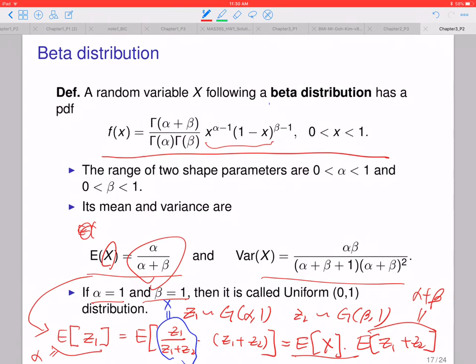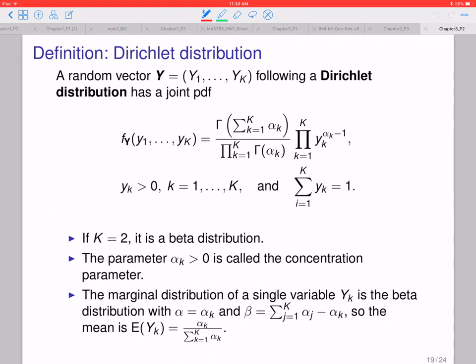So it's called the uniform 0-1 distribution. The Dirichlet distribution is a k-dimensional generalization of the beta distribution. So k equal to 2 is simply the beta distribution. So you can check on this.